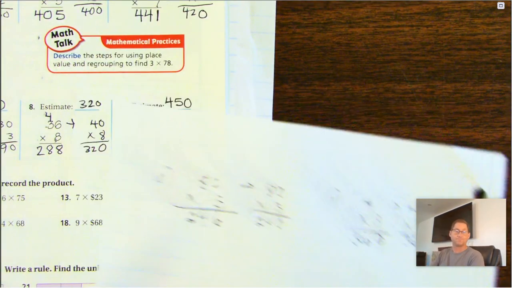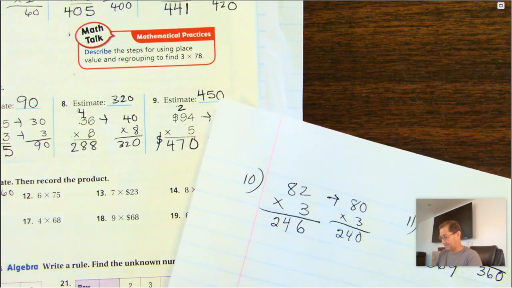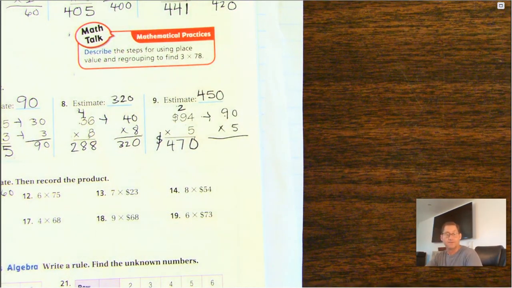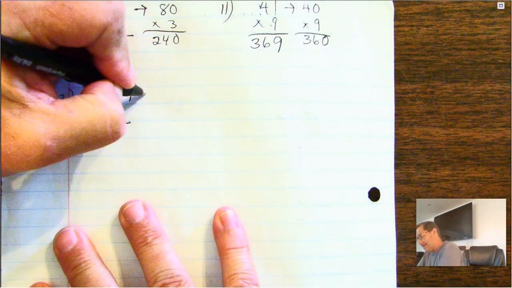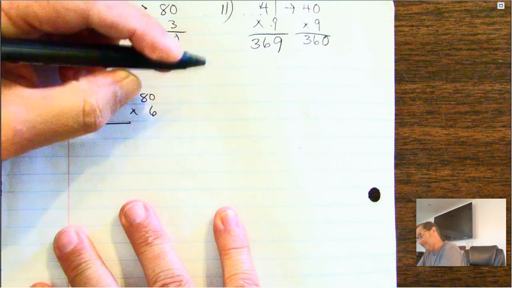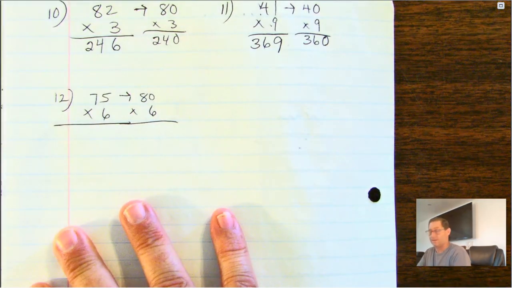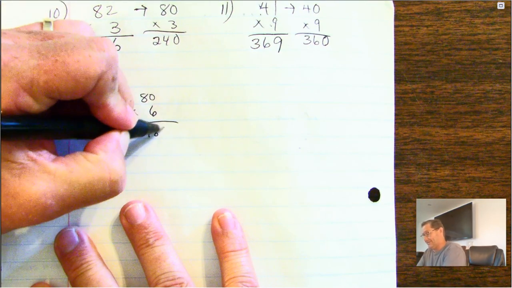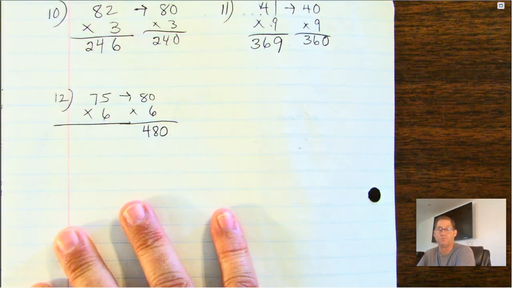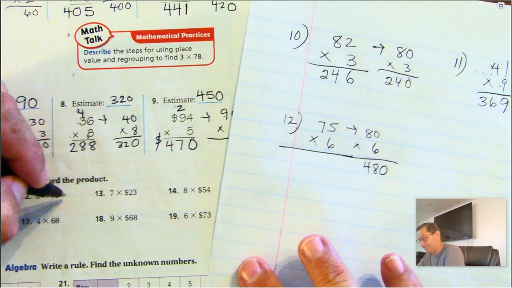Number 12. 6 times 75. Okay. 75, I'd round up to 80 times 6. 6 times 8 tens, 48 tens, which would be 480, is our estimate.